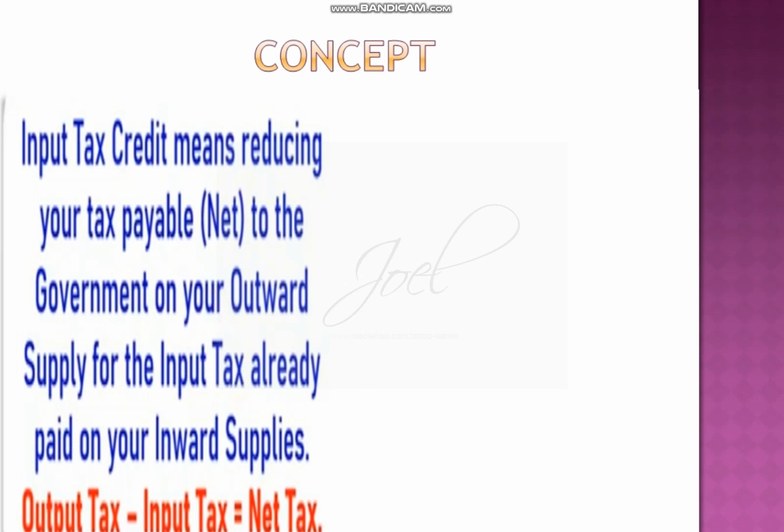When we sell to the customers, we collect the money and pay it to the government. Now that money we are going to reduce by considering the input tax already paid on inward supplies. When you purchase some items, that is inward supply, you have paid some tax, and you will get a deduction on that. That is what we consider as input tax credit.